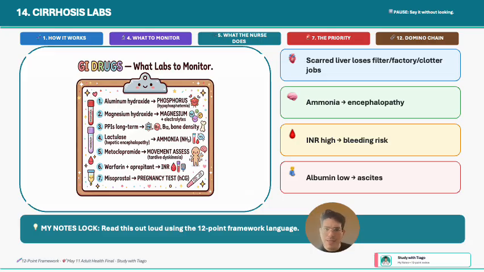Sodium and kidney function matter because cirrhosis can affect fluid balance and renal perfusion. The point is not to memorize a lab list. The point is to ask what the lab warns me about. So think of it like this: albumin is fluid, INR is bleeding, ammonia is brain, bilirubin is bile.